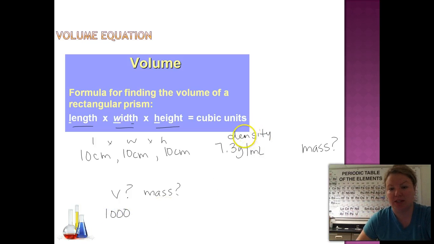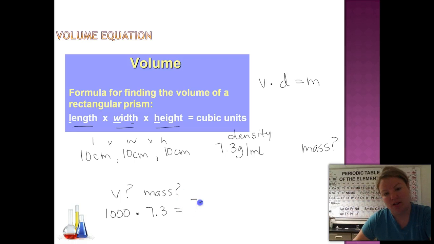And then we can use our density equation to solve for mass. You remember it was volume times density equals mass. And now we just plug in the numbers. We have 1,000 times 7.3 is going to give us a mass of 7,300. We're going to put that in the correct scientific notation since these two are placeholders.